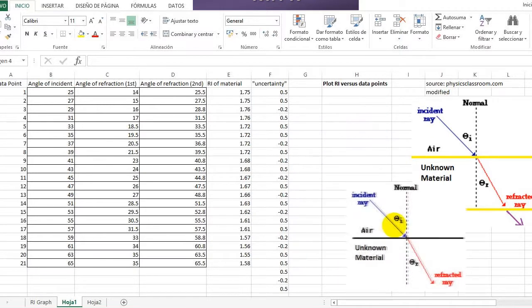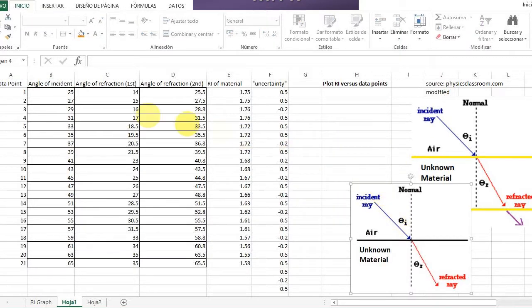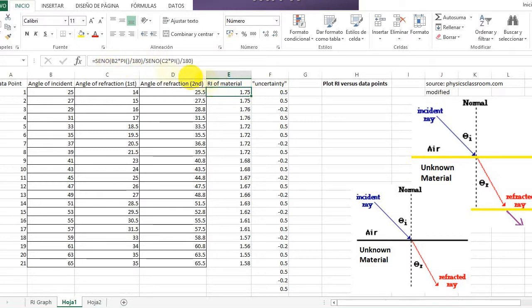Now, the way we calculate that is actually quite complicated for the situation we have because of the relationship between the refractive index and the measurement we have, which is angle. It's a sine relationship. So I'm not going to go over how to relate sine to the angle measurement, but I will do the calculation here, and then from there we'll go ahead and record the uncertainty bars on the graph.